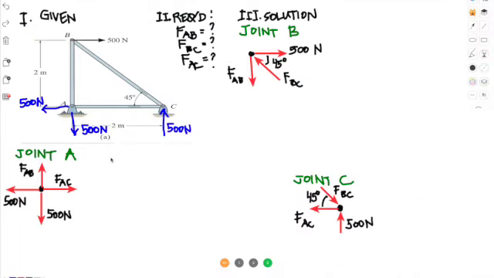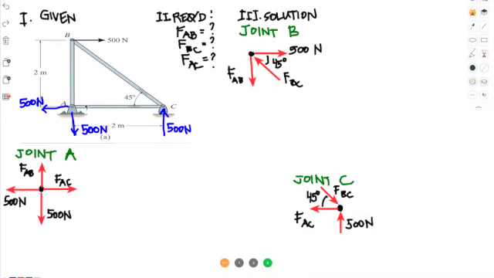So now that we've determined the support reactions, we proceed to the method of joints, where we go joint by joint. As the method of joints says, if the whole truss is in static equilibrium, it means that each joint is also in equilibrium, and we can apply the equilibrium equations.